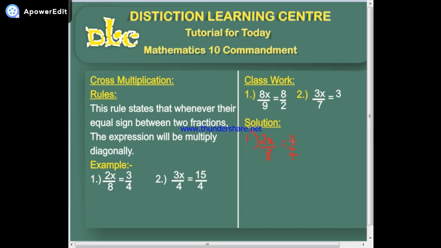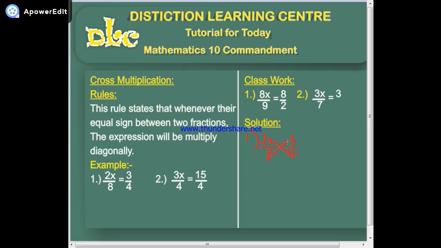If you want to cross multiply, you are going to multiply in a diagonal form. That means you are going to multiply the numerator of this one by the denominator of this one, and multiply the denominator of this one by the numerator of this one.